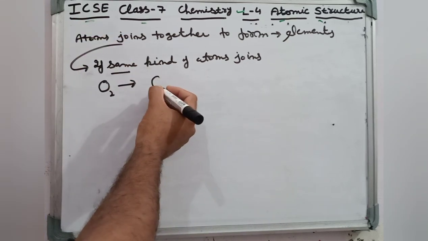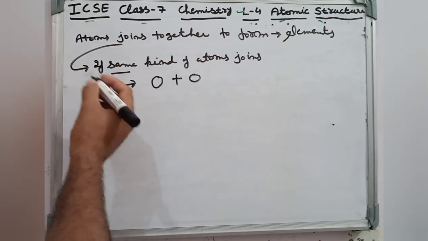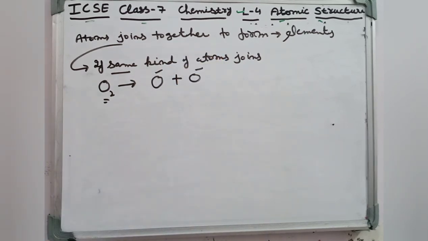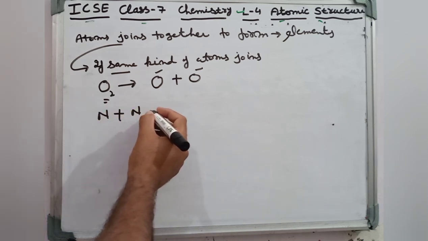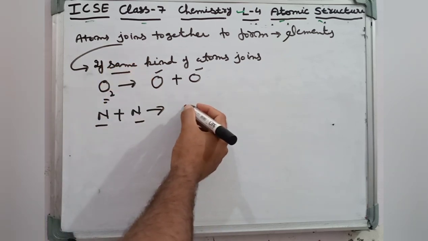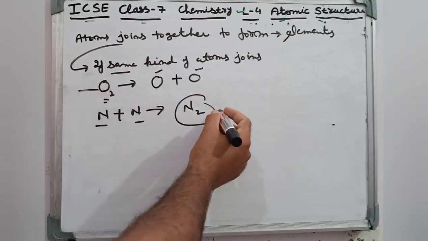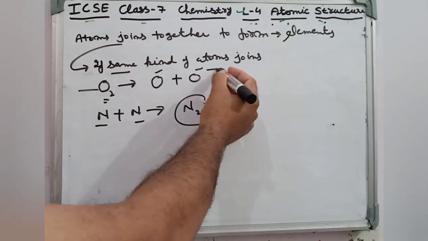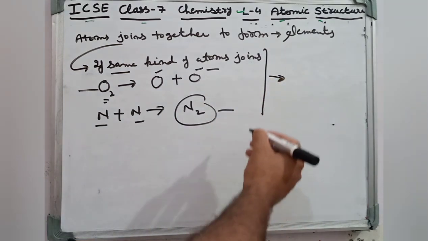When two atoms of oxygen join together, they form this. In the same way, when N plus N happens, same kind of atoms of nitrogen, then we will get nitrogen. This is oxygen, this is nitrogen, right? So here same kind of atoms join. They are called homoatomic substances.